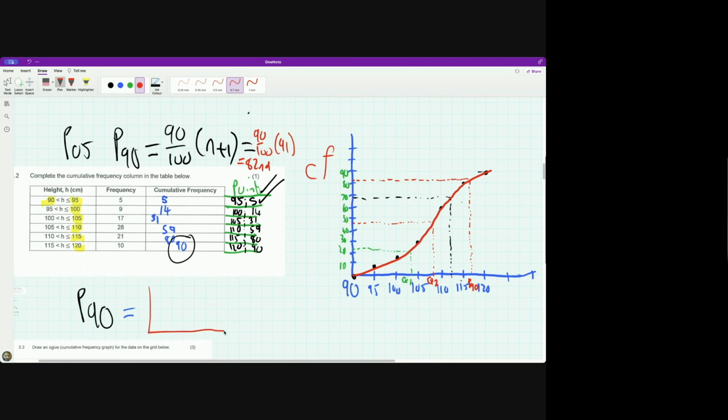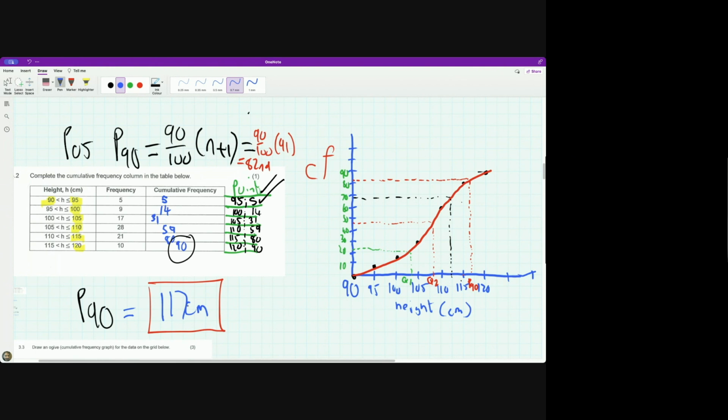What is your estimate for P90 going to be? If I look where it's landed, between 115 and 120, and it looks a little bit closer to 115. So I'm going to say 117 centimeters. I noticed here I haven't put height in centimeters on the axis.